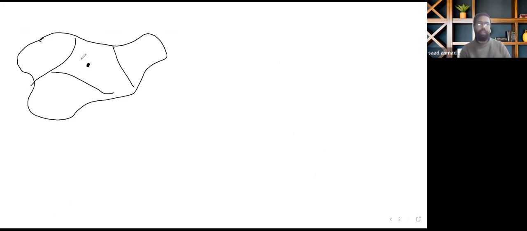We can give any name to this. So we can use the point to mark any city. Let's say we have London. So we will use a point on the map to represent London, right? Like this.